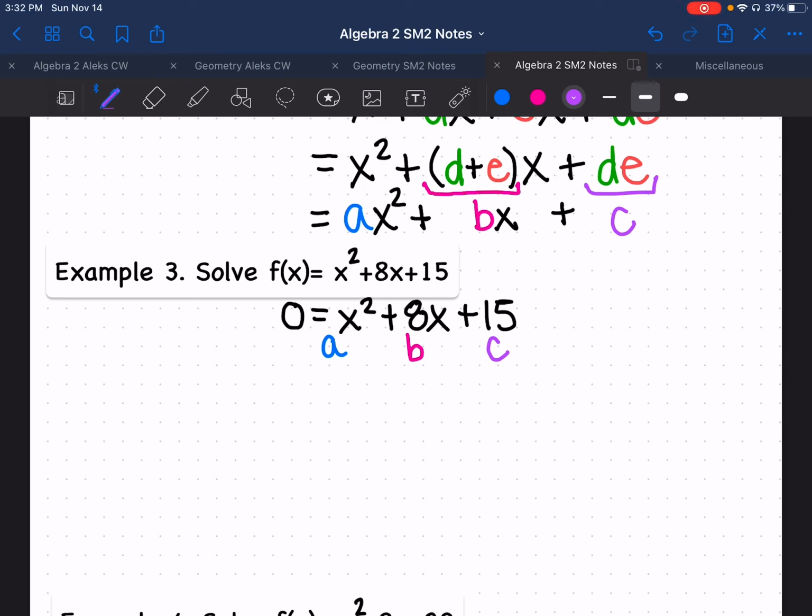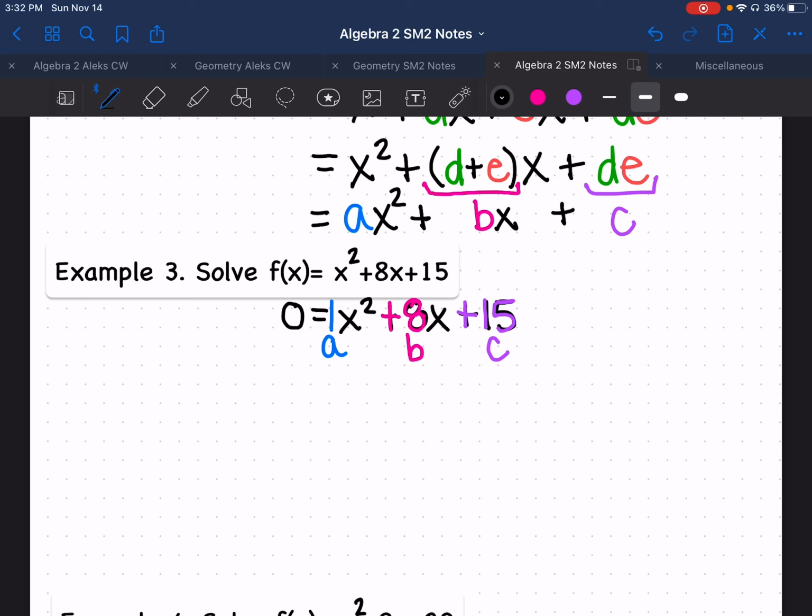But it's very important that you do identify that. What you can do is come in with your color. This is why I love the color so much. I can see that B is a positive 8 and that C is a positive 15. And of course, A is 1, just like I said.